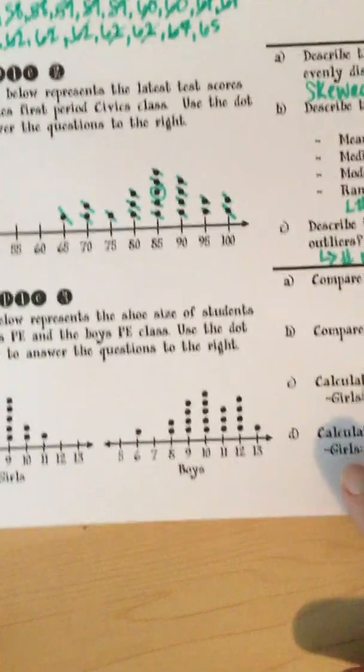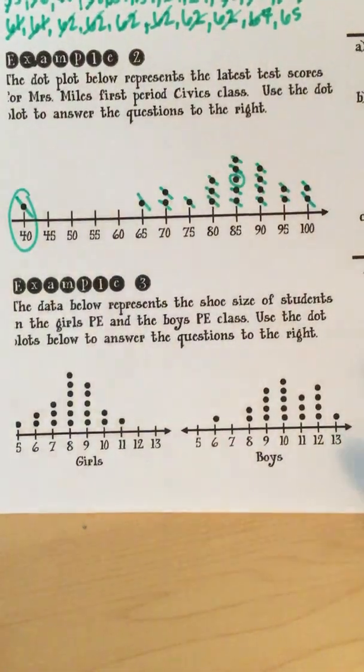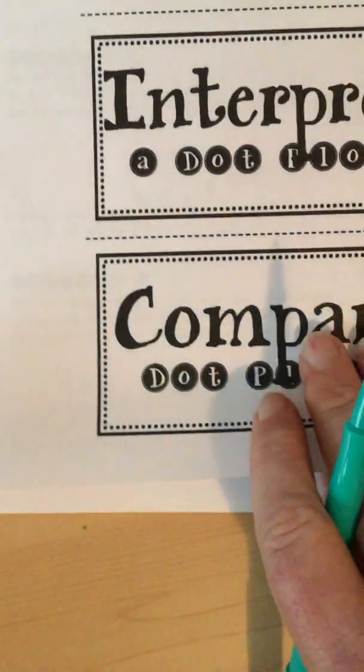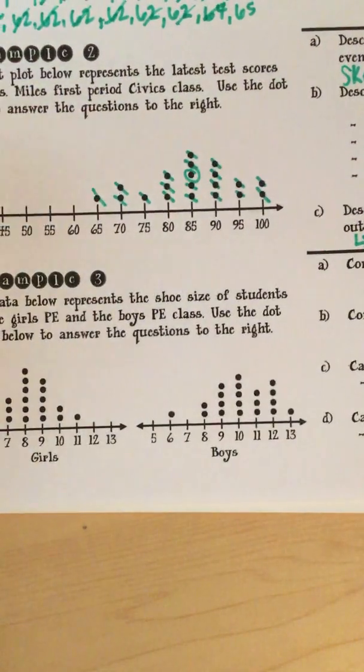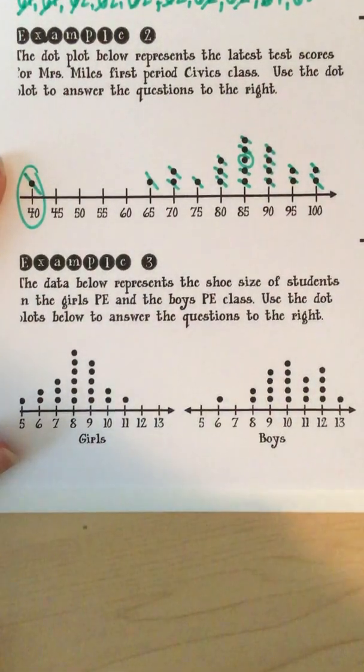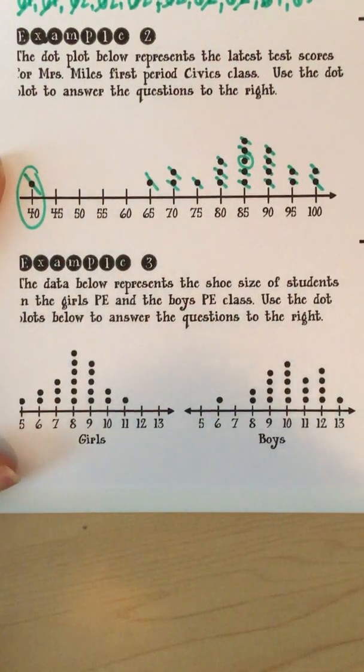All right, the last one, we are going to be comparing two dot plots. All right, so the data below represents the shoe size of students in the girls' PE and the boys' PE class. Use the dot plots below to answer the questions to the right.